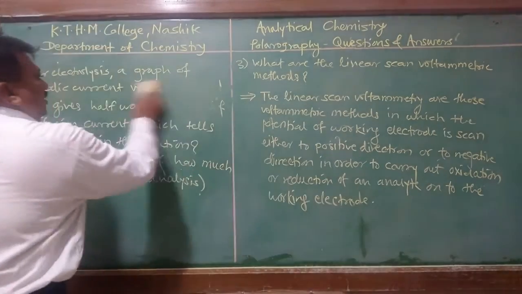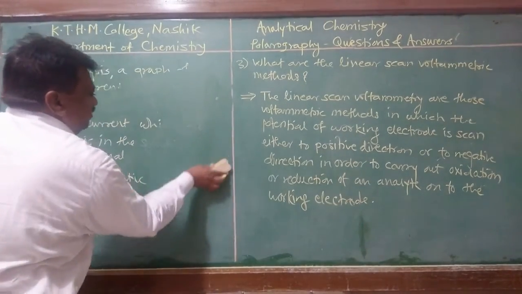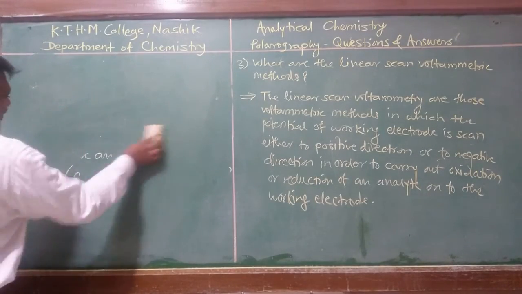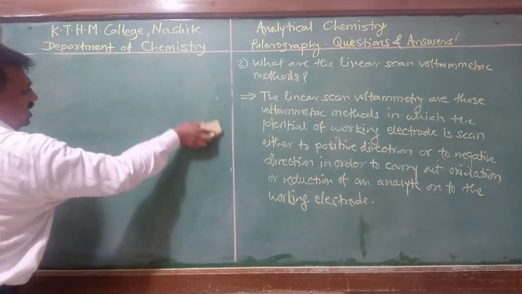And the voltammetric methods in which potential is linearly scanned are of two types.